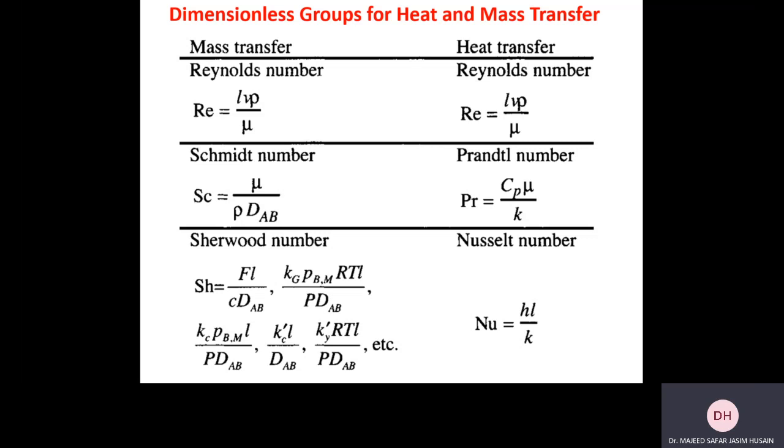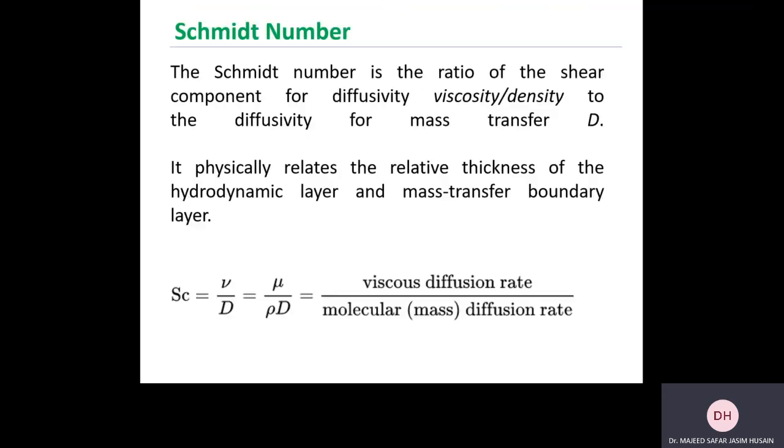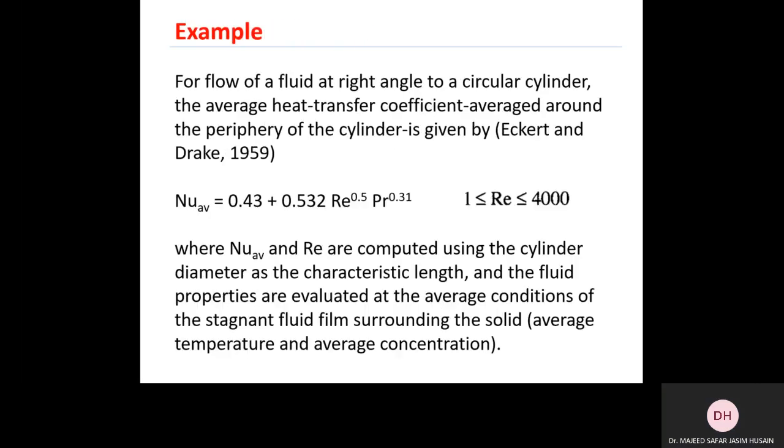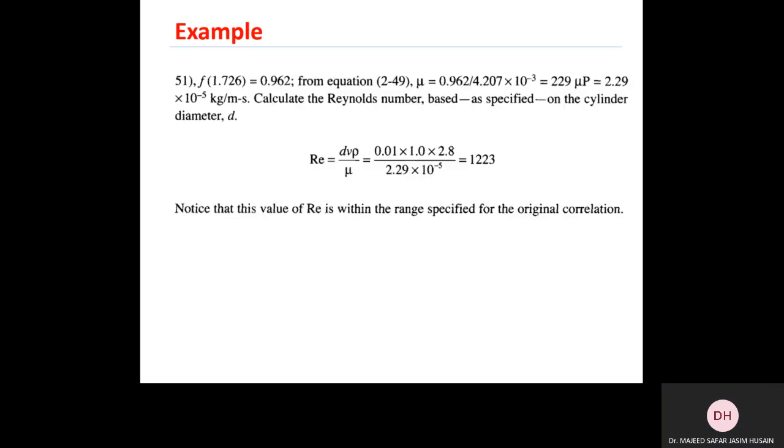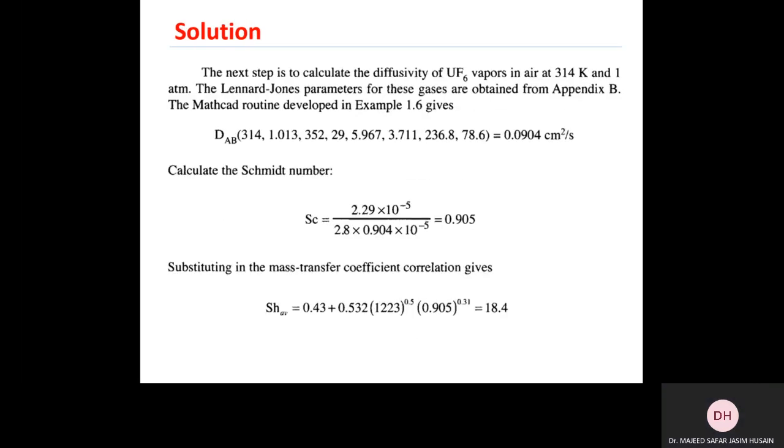Now we have viscosity, density, and diffusion coefficient. So let me go back. Now you apply it, it will be Schmidt number 0.905.